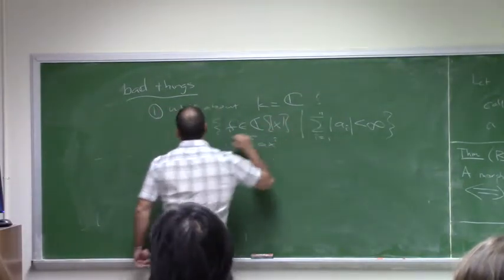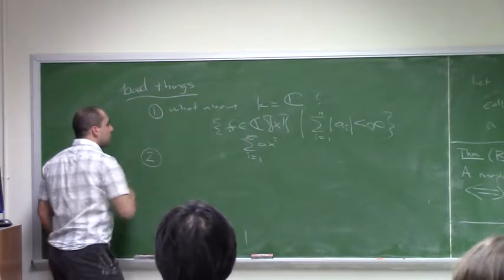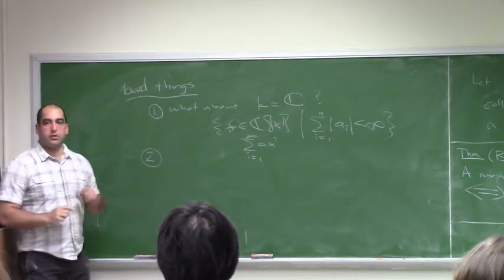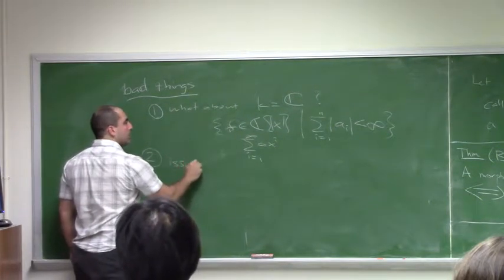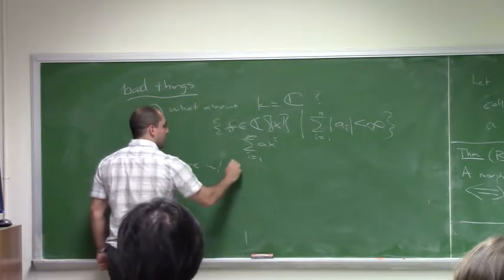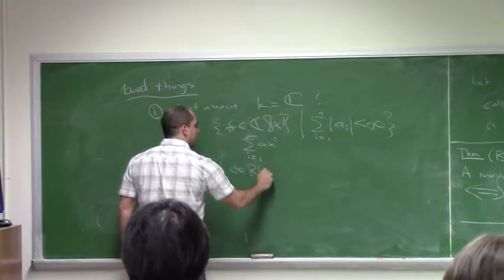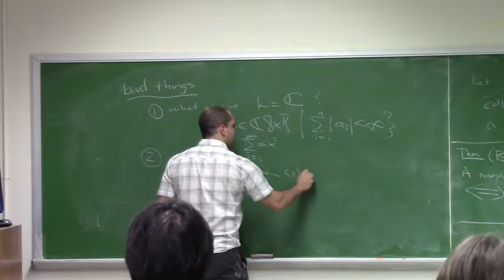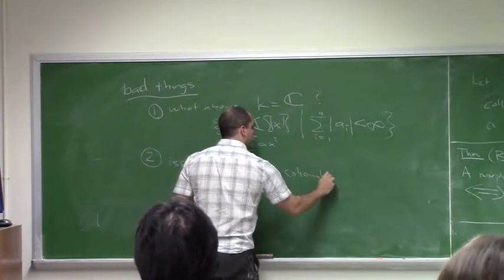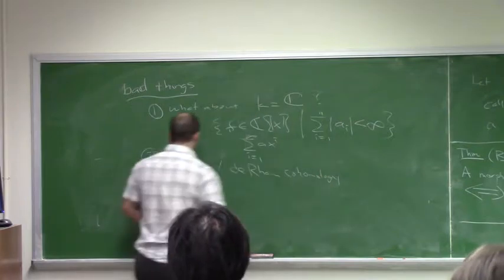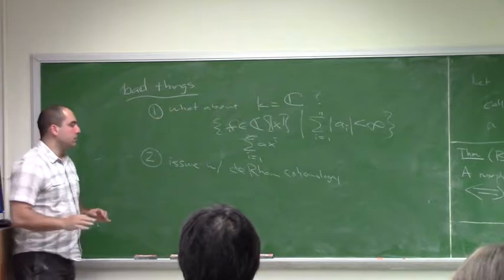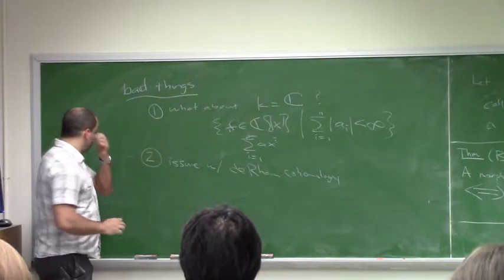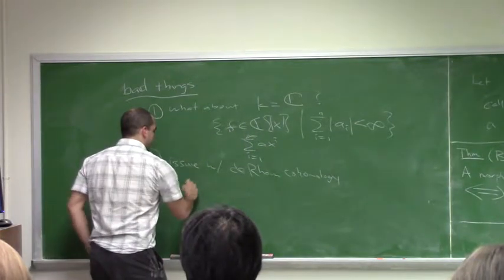And the second thing is that there's an issue with the de Rham cohomology, even in the non-Archimedean setting, and it was addressed by Grosse-Klönne.